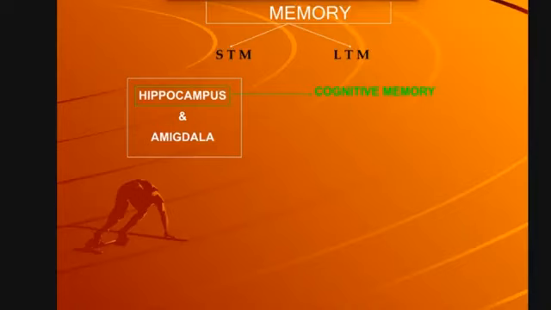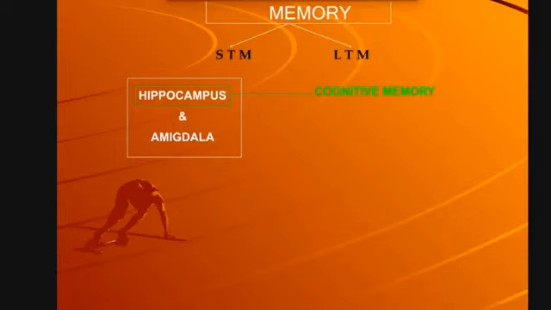Please take down hippocampus. It is a brain part in our cortex. This hippocampus receives this. It is transformed to RNA molecules, and preserved in the axons of the brain cells. This is the neurobiological explanation about memory.